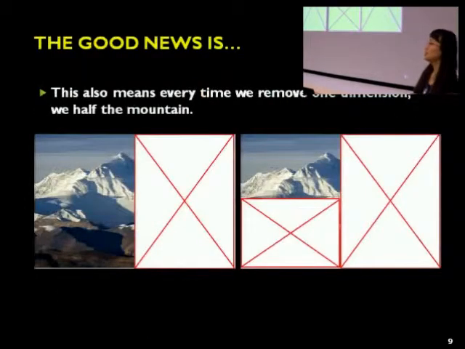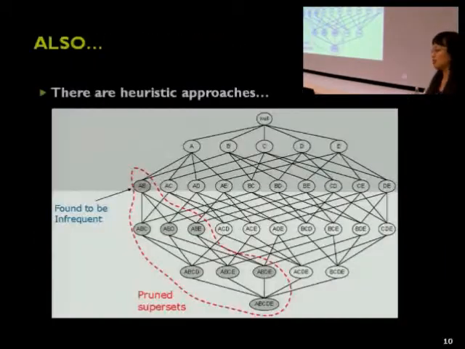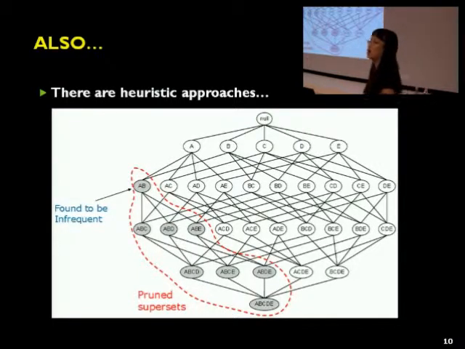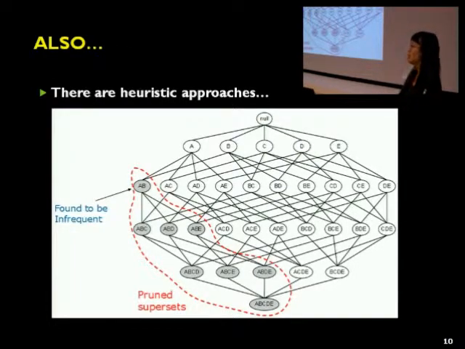The good news is, if you look at the problem the other way around, every time we remove a dimension from our data, we immediately halve the search space, right? And there are also some heuristic approaches that we can apply to improve the search speed. For example, I don't know how many of you are familiar with the a priori principle that is very commonly used for association rule mining.